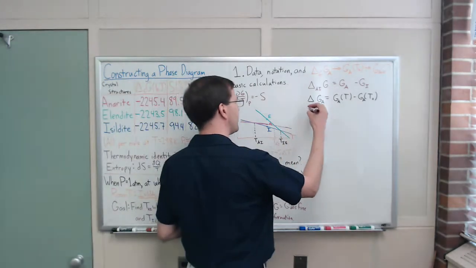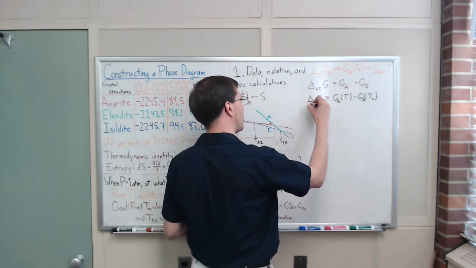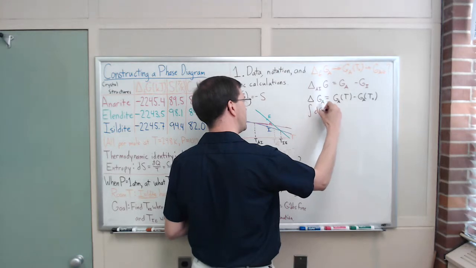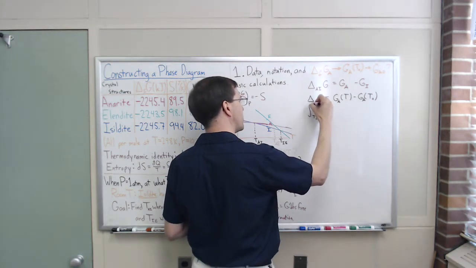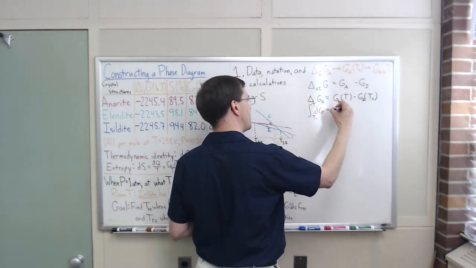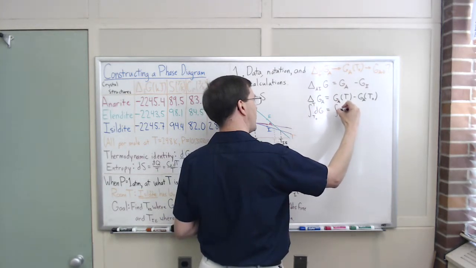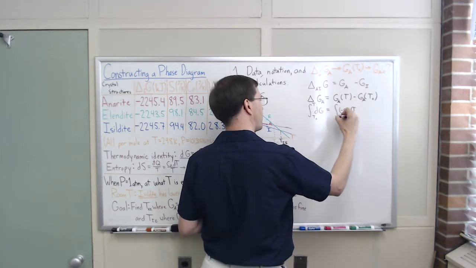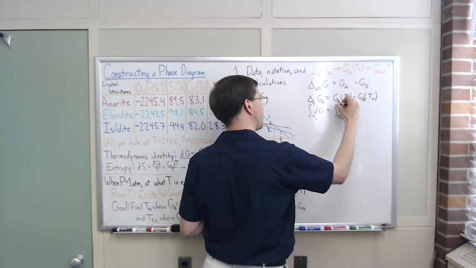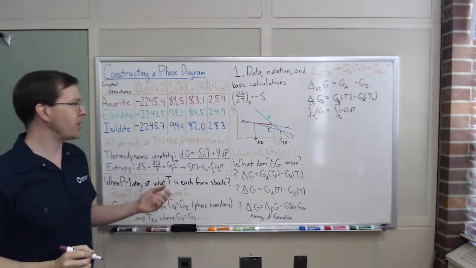And I'm going to say that the integral dG from my reference temperature to some final temperature is going to be the integral of negative S dT from my reference temperature to my final temperature. That's my plan.